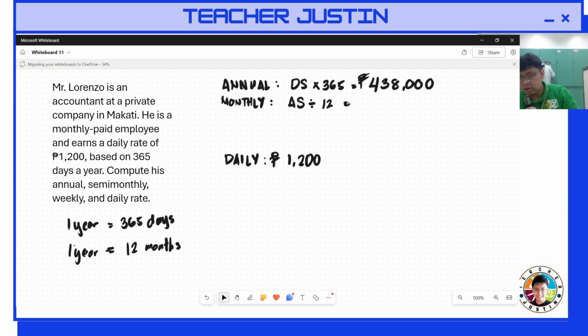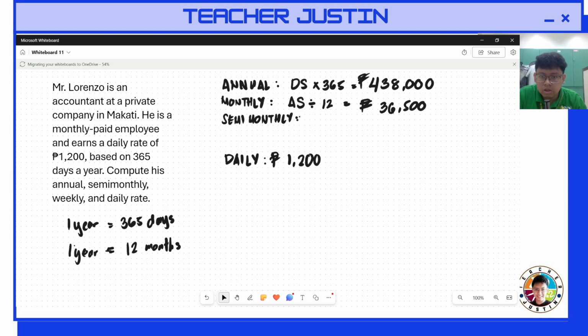So 438,000 divided by 12. That will give us his monthly salary of 36,500 pesos.